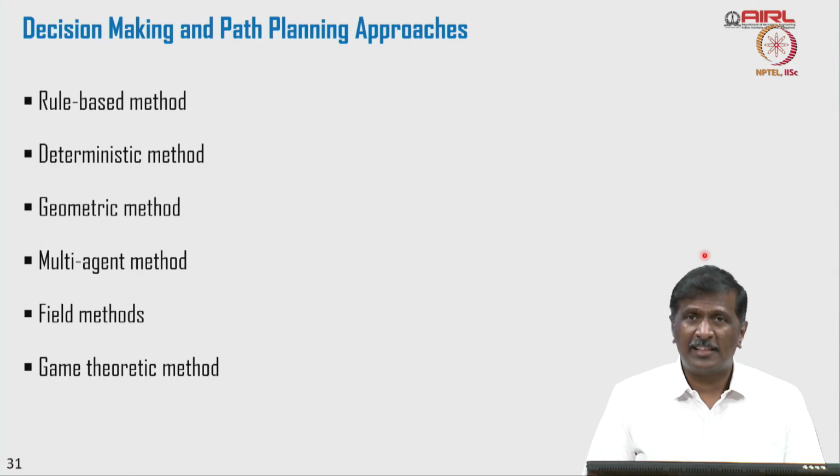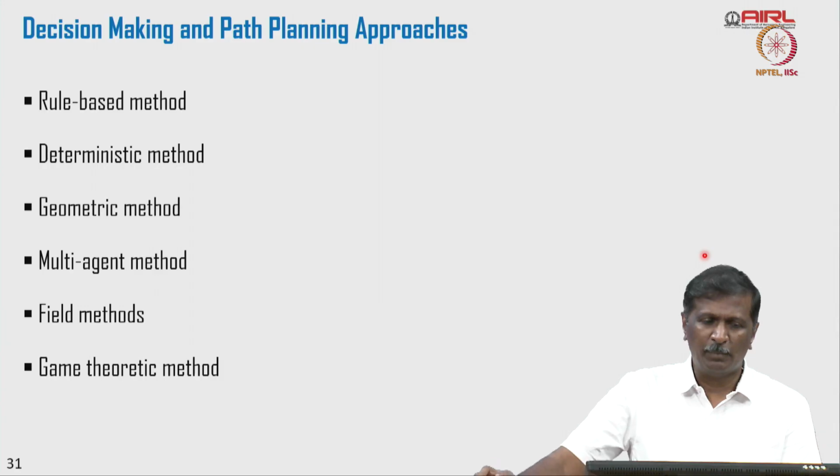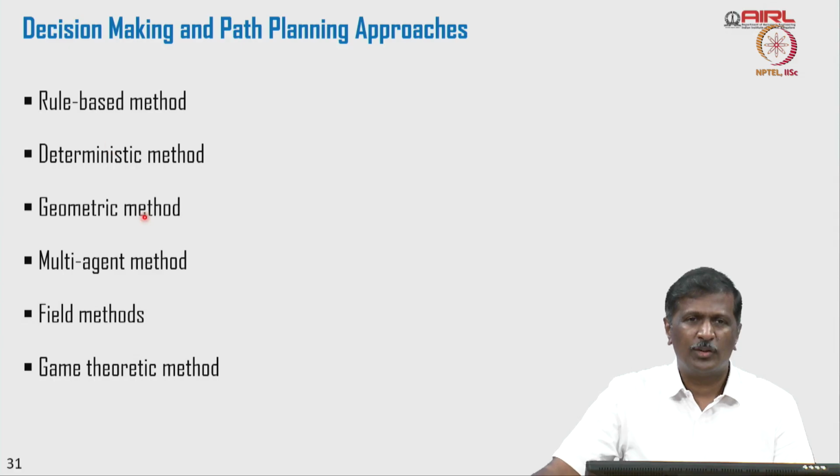You can have a discrete decision making capability too, or you can generate a continuous trajectory and follow it. Simple rule based approaches are also possible. You can have deterministic methods, geometry based methods, multi-agent based methods, and field methods like artificial potential field methods. You also have a game theoretic approach.